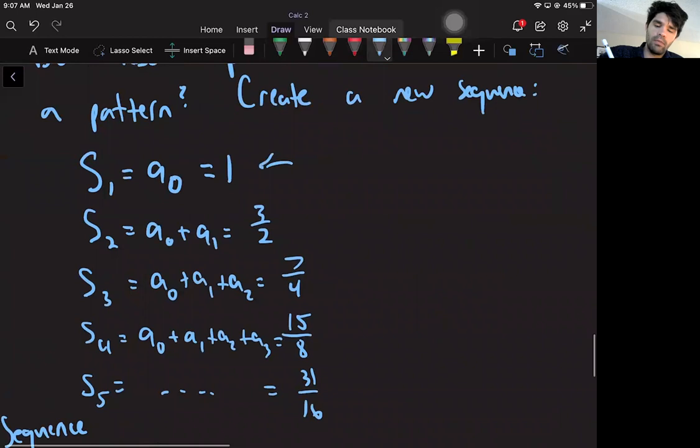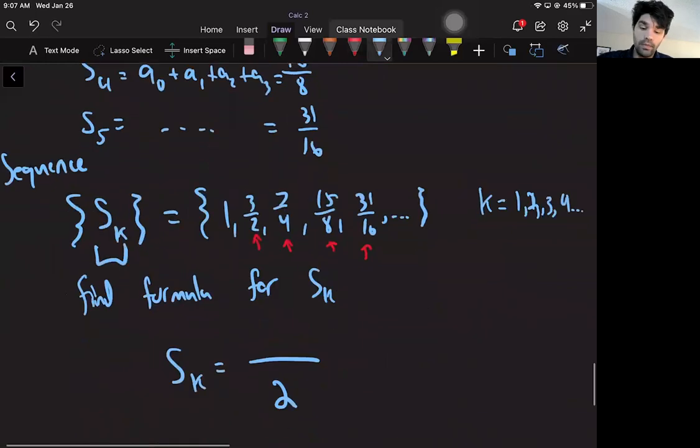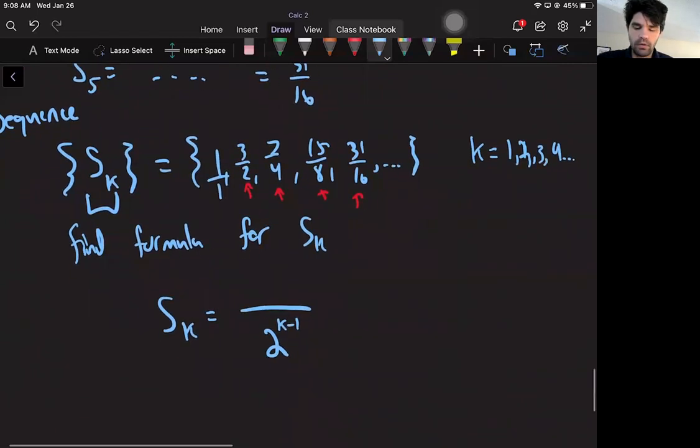And so here I added up 1, so I started at 1, added up 2 things, so I wrote 2. So starting from 1, if I think about this as 1 over 1, then this is really 2 to the 0. So this is going to be K minus 1 in order for that to match.